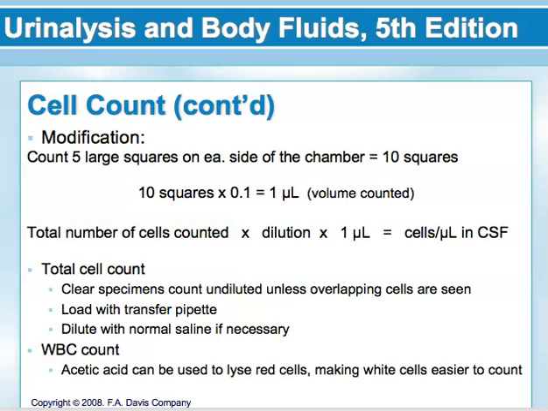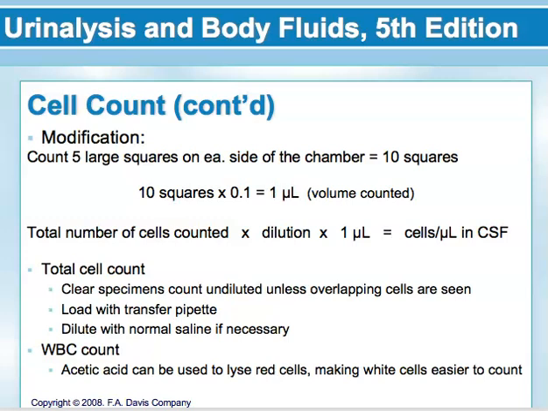So the formula that we just looked at has a little bit of flexibility to it because you can use it whether the sample's been diluted or not. The number and size of the squares can be varied. In this modified formula, if certain conditions are met, you can use it.